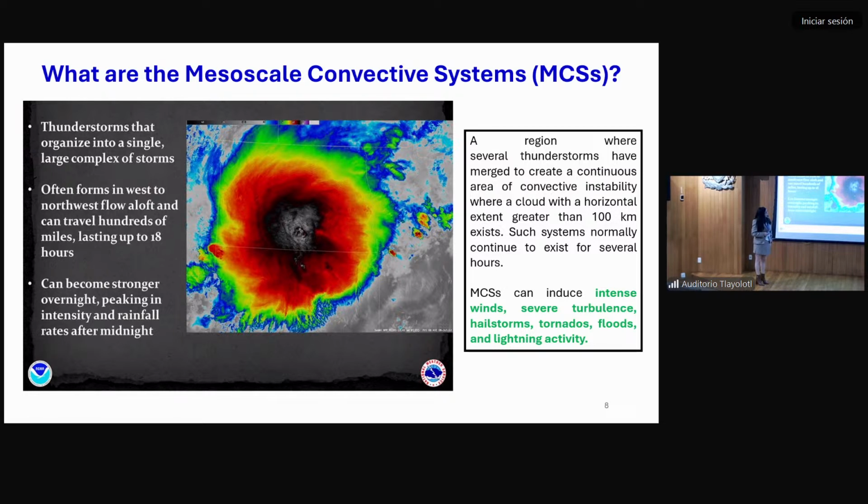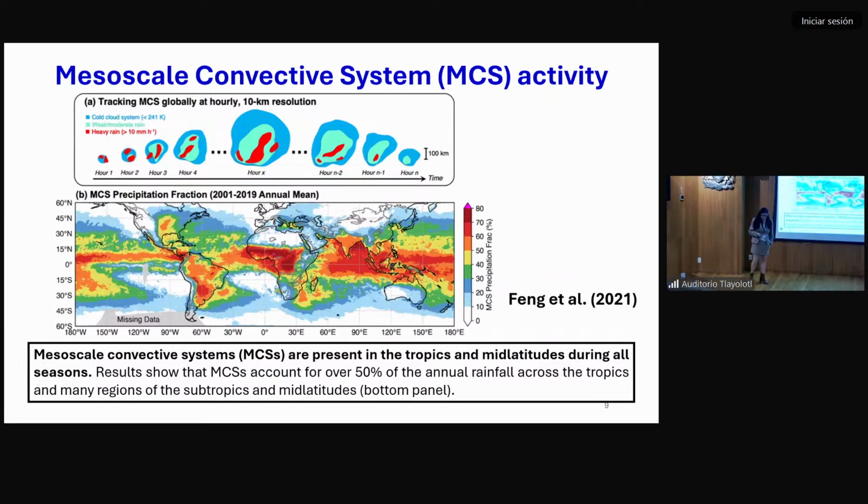And they can induce intense winds, severe turbulence, hailstorms, tornadoes, floods, and lightning activity. Mesoscale convective systems are very common, and they also occur over the tropics. They can contribute up to 50% of the annual precipitation, which is a lot of precipitation, if you're wondering what that means.